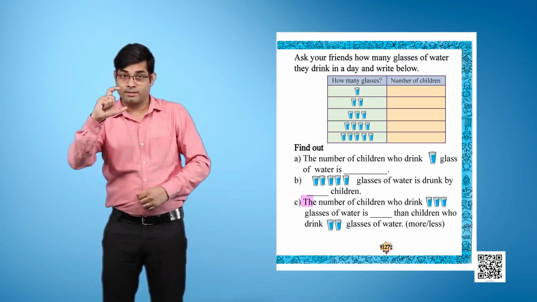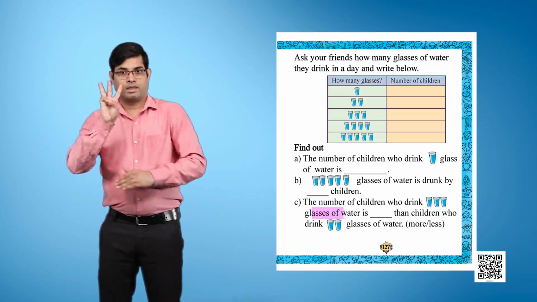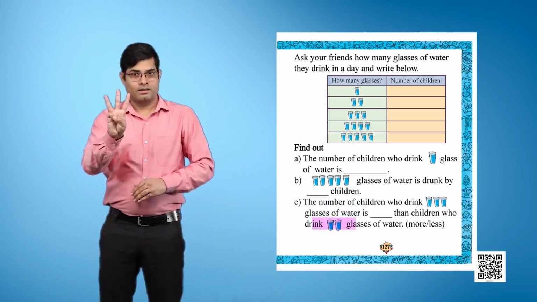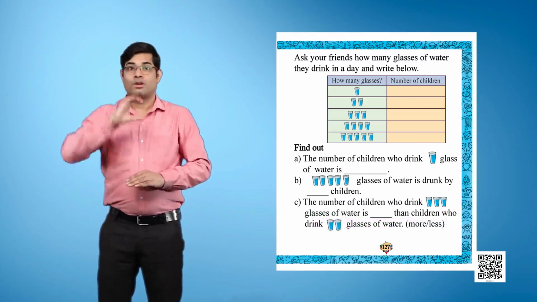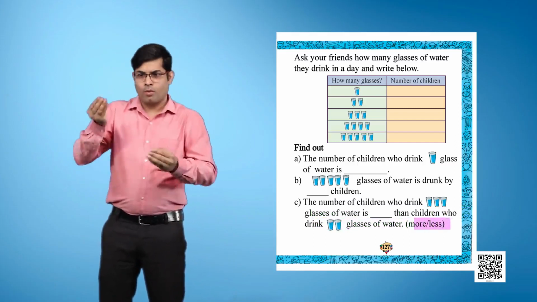Question C. The number of children who drink 3 glasses of water is dash than children who drink 2 glasses of water. The options are more or less.